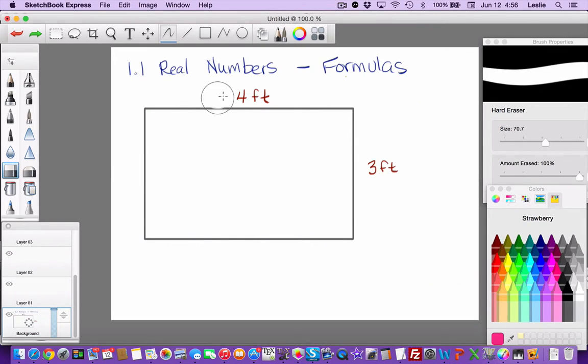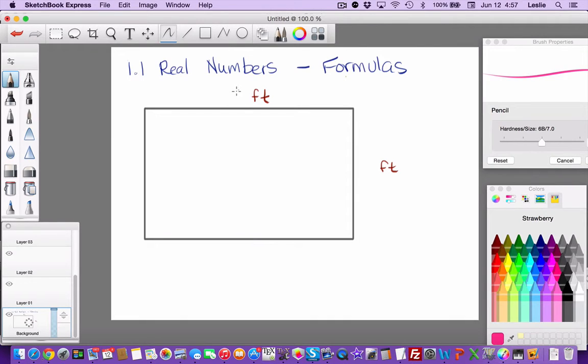So what if you didn't know the actual size of your rectangle? In other words, what if it was L feet by W feet? Well, I can't actually cut the L up into L individual feet because I don't know what L is and I don't know what W is.